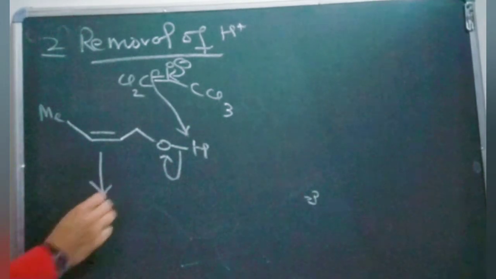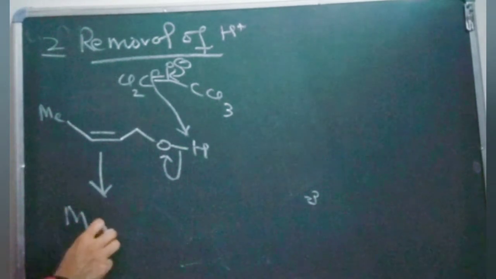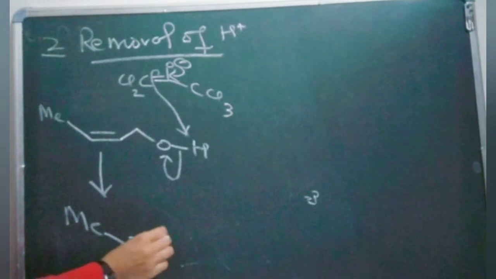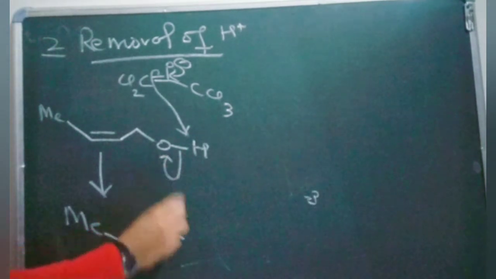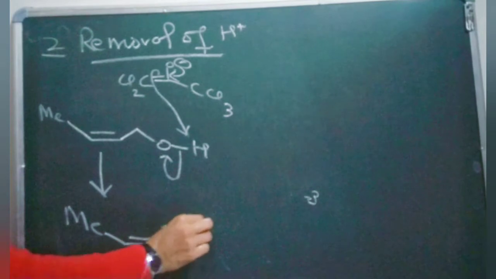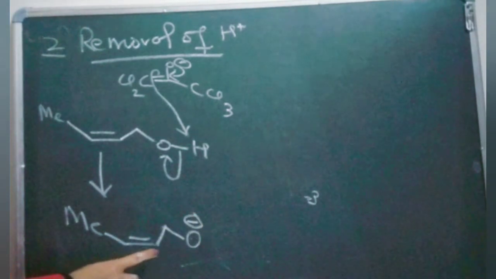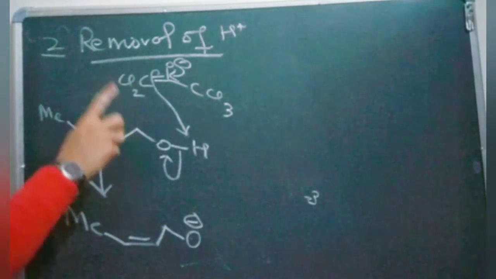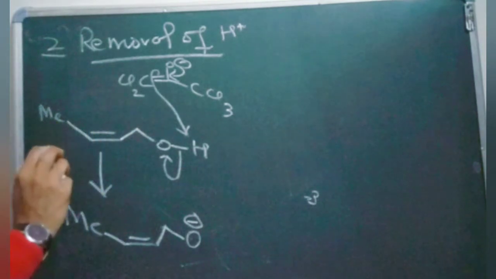So we will get here O negative. That means alkoxide anion will be formed after the removal of proton.